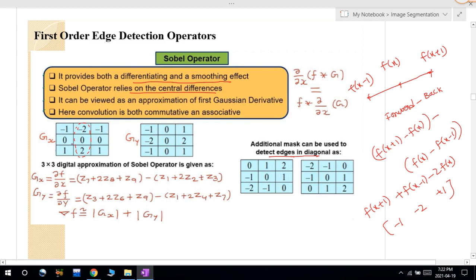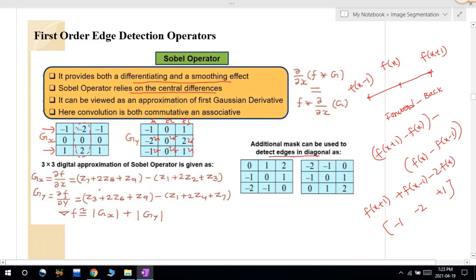If I write this using a formula, considering the neighborhood as Z1, Z2, Z3, then Z4, Z5, Z6, and then Z7, Z8, Z9, then for gx, that is dou f by dou x, I take the third row minus the first row.